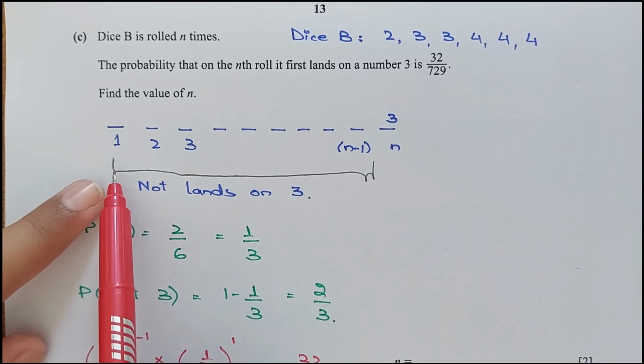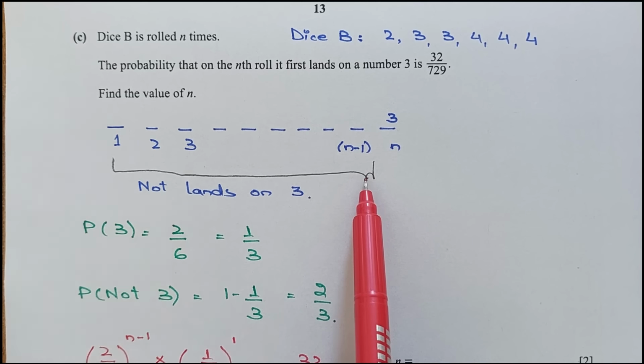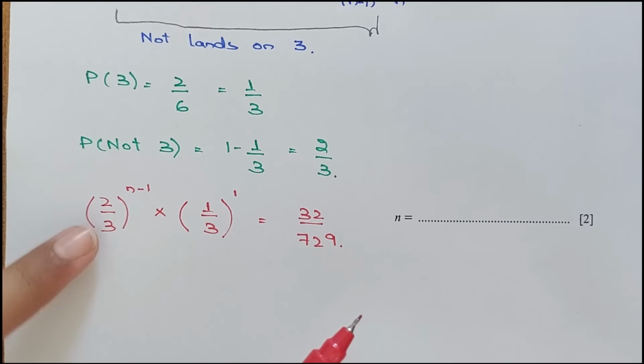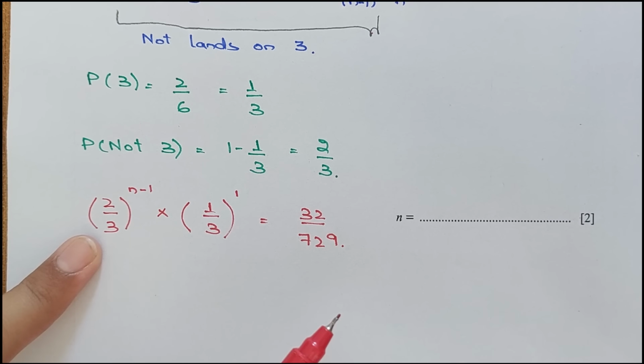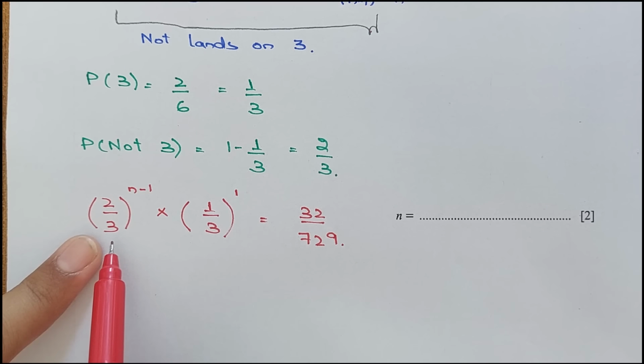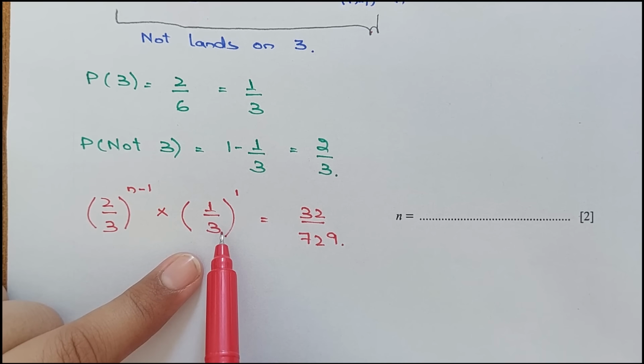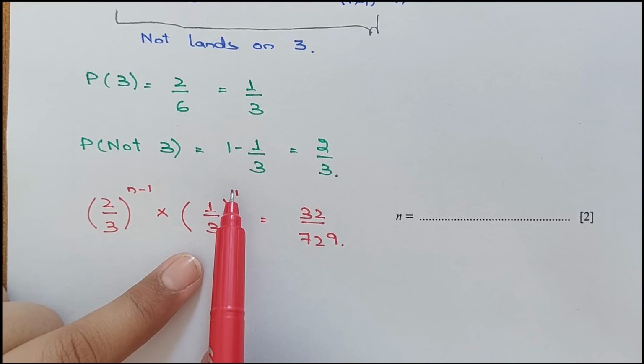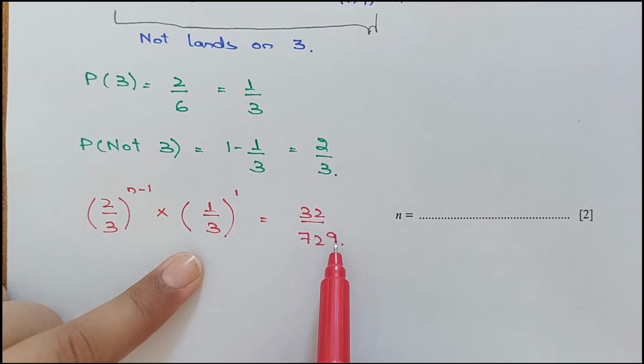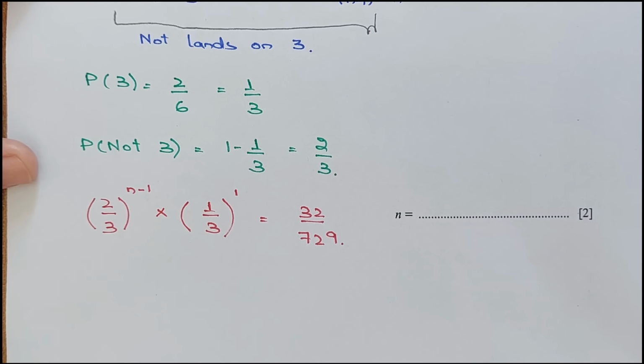For n minus 1 rolls you get the probability 2 by 3, which is not landing on 3, and on the nth roll you get the probability of landing on 3, just one time, the first time it lands, and this equals 32 out of 729.